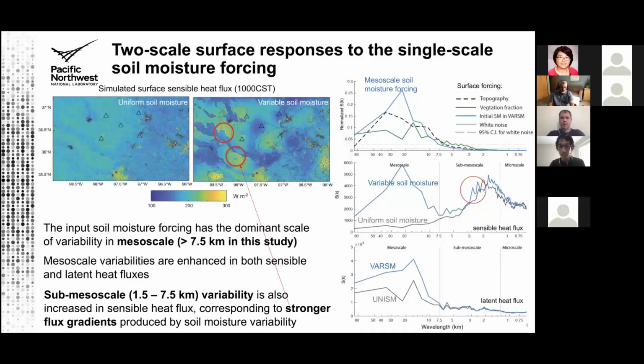This enhancement of sub-mesoscale is actually lacking in the latent heat flux shown at the bottom. And this sub-mesoscale energy is associated with those local minima and maxima of the sensible heat flux at the surface, as well as a strong gradient created by introducing variable soil moisture. Next slide, please.